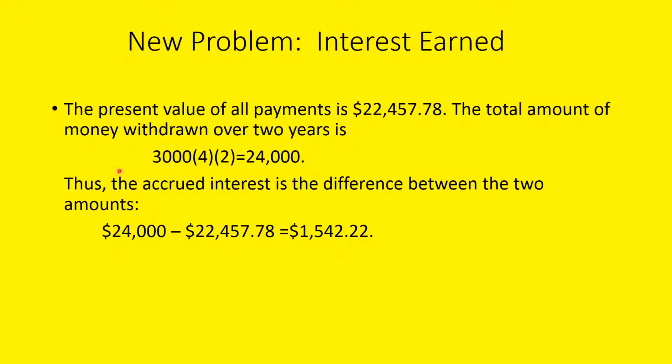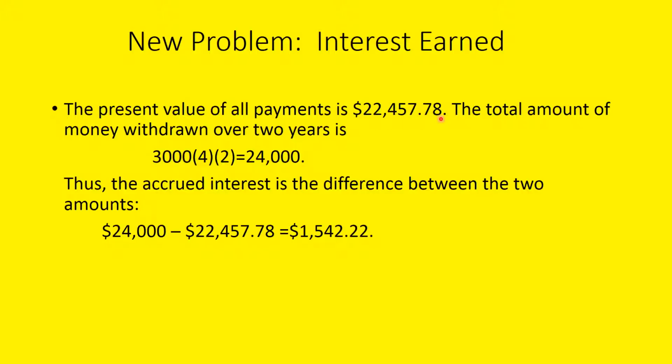Total amount of money withdrawn over the 2 years is a larger amount, 24,000. Okay, so 3,000 quarterly, 2 years, multiply all that, 24,000 is the total amount of money withdrawn. So you can see how this is an annuity, because you're going to withdraw more than you paid in.